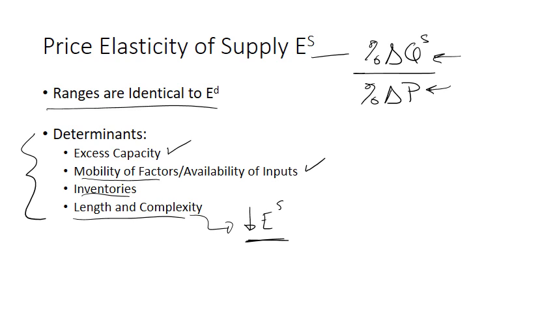Okay, so these three, if you have excess capacity, inventories, and high mobility of factors, these are all going to suggest relatively elastic responses. This last one, however, length and complexity, seems to suggest that you'll get relatively inelastic responses. Okay, so there's just a few determinants that you can think about in terms of what makes firms more or less likely to have elastic or inelastic responses.